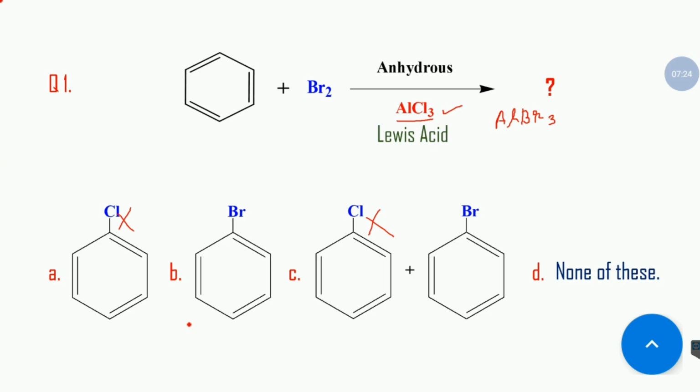Now it's between option B and option D. The correct answer is option B, because for halogenation of benzene it doesn't matter which type of Lewis acid we are using, we just need a Lewis acid which is capable of accepting electrons, so that after heterolytic cleavage, generation of the electrophile resists the reversible possibility. Understood? Okay, next.